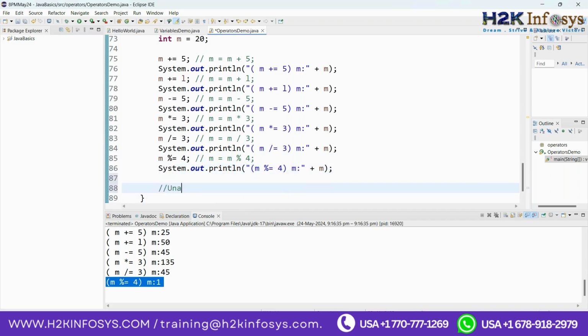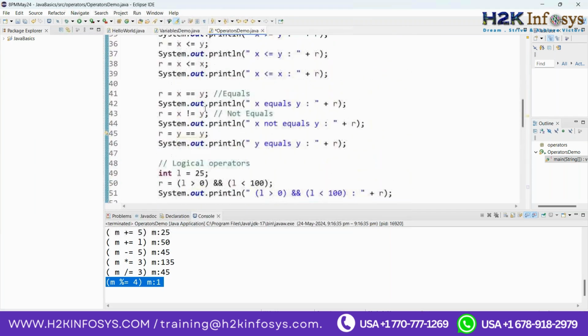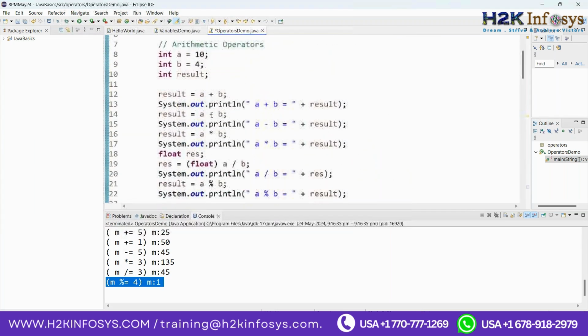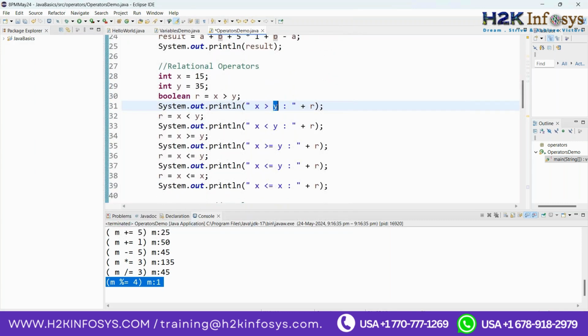The last one we have is unary operators. The name itself tells you something different. Unary means you have only one operand. In all these expressions so far, we have two operands or two conditions. For example, here a and b are operands, two variables, right? And here also we have two operands, x and y.